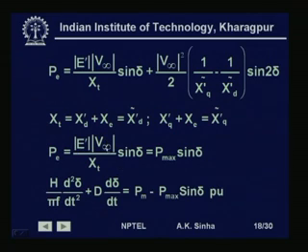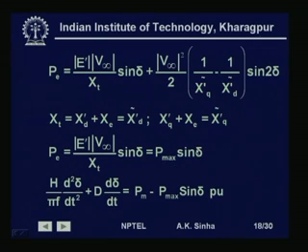We write this E dash V infinity by Xt as P max. So, we get P is equal to P max sin delta, that is, the electrical power output from the machine to the infinite bus is dependent on the power angle delta of the machine.